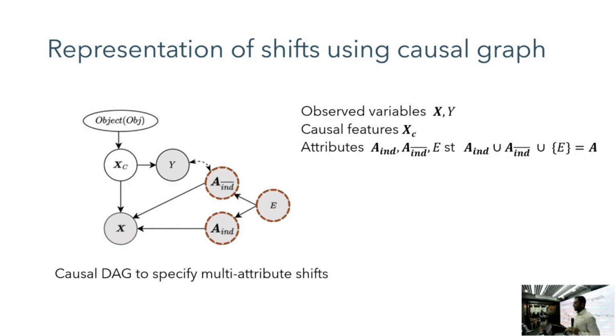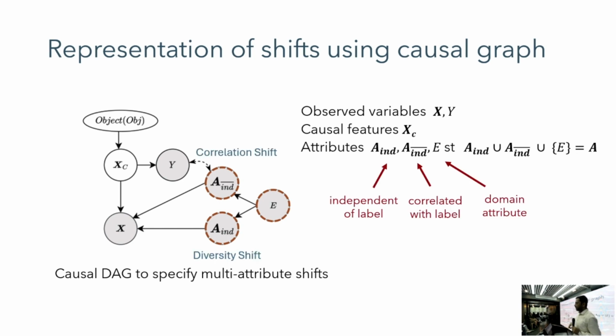Right? But then there are other harder kinds of attributes, which are these correlation shift, a not int attributes. So they not only cause your image, like rotation, color, but they might also be correlated with y. So that means they might be associated with what y is in your train set and also your test set, but differently.